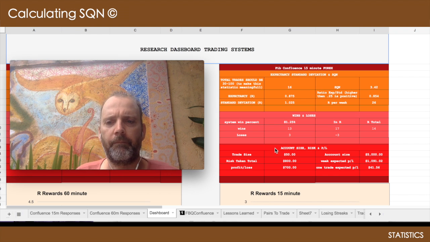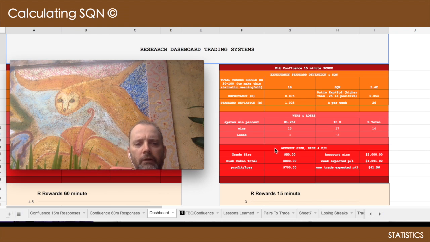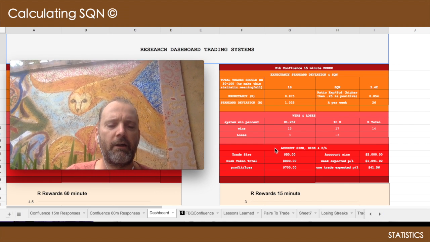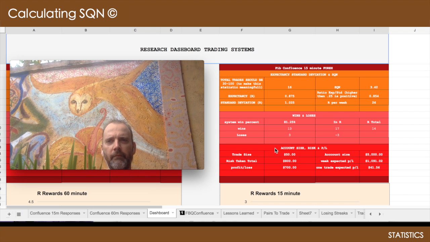If you have a loss of $100, which you defined as a stop loss, and you lose that trade for 100%, so you didn't get out earlier, you have an R-multiple of -1.